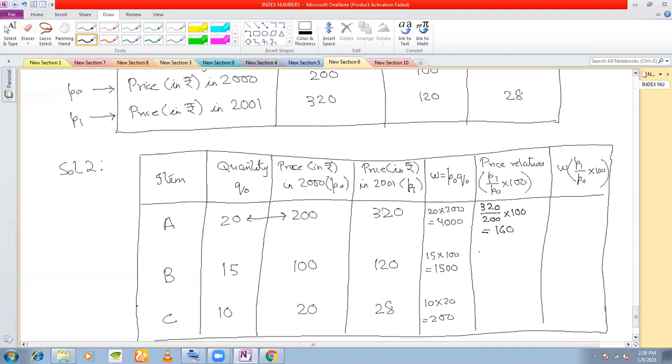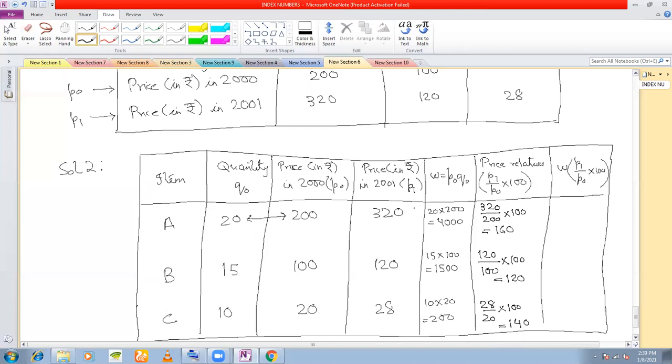Next one, 120 by 100 into 100, which you get as 120. And finally you have 28 by 20 into 100, which is equal to 140.